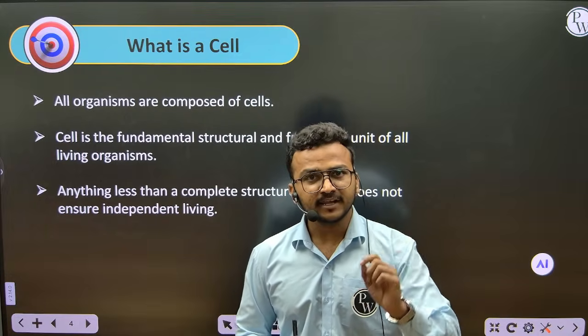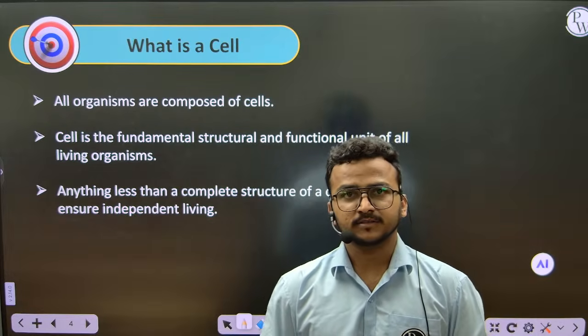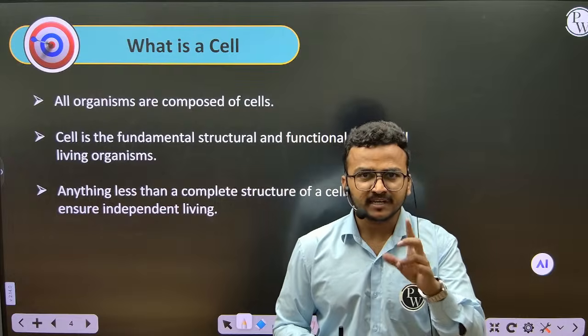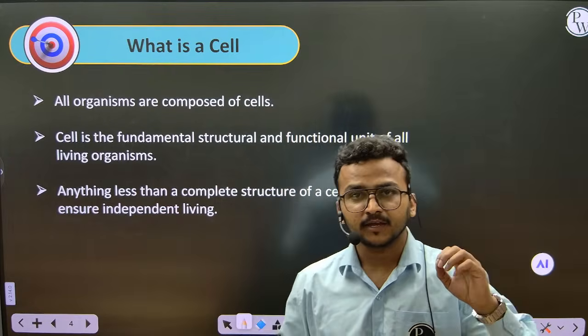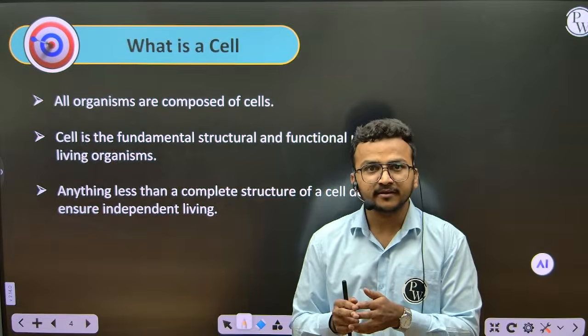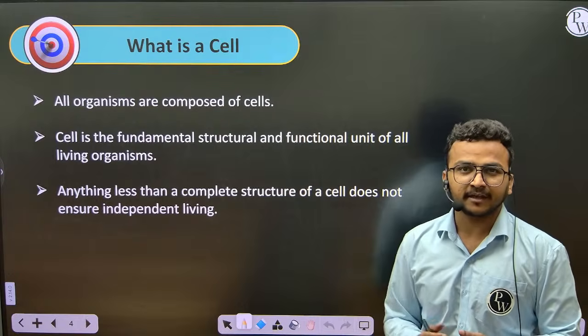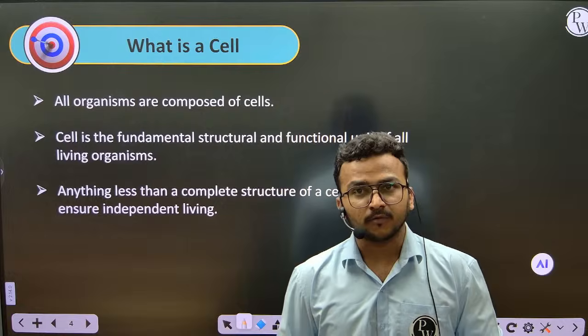In 1839, one year after that, Schwann, a German zoologist, stated that animal cells are covered with an outer layer, which today we refer to as the plasma membrane.